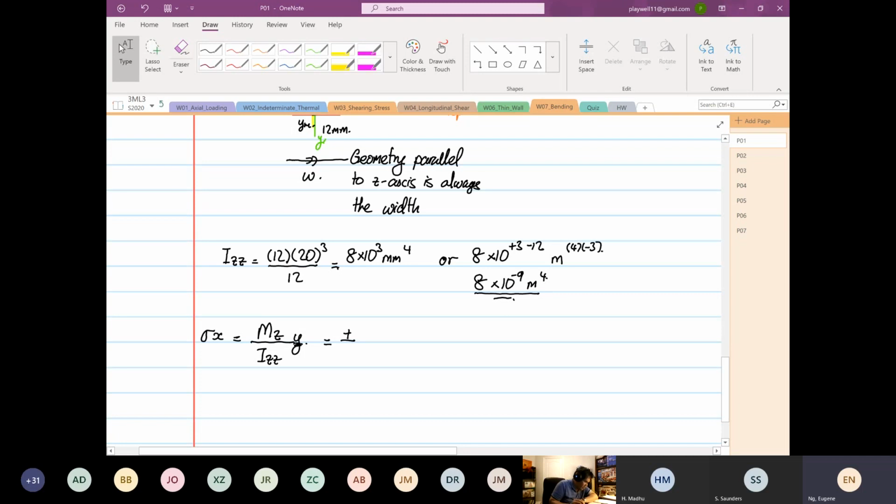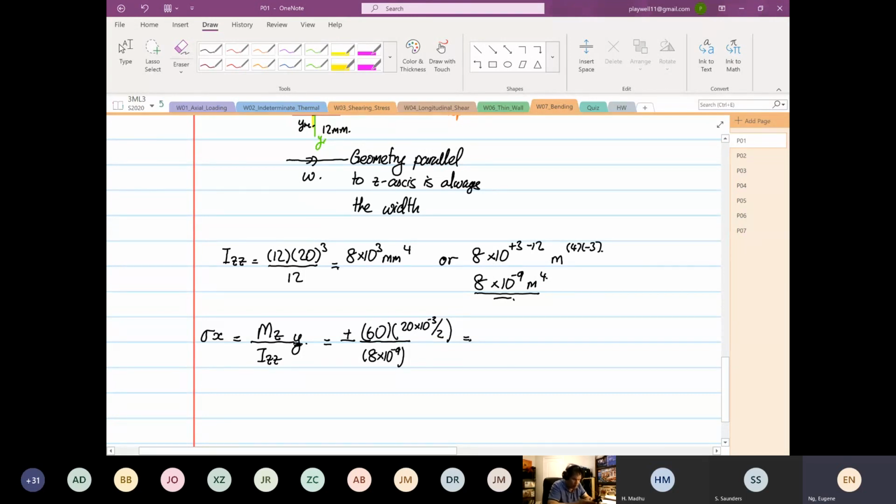So Mz, moment about z, we know is 60, divided by 8 times 10 to the power minus 9, and then your y is equal to 20 times 10 to the power minus 3, divided by 2.